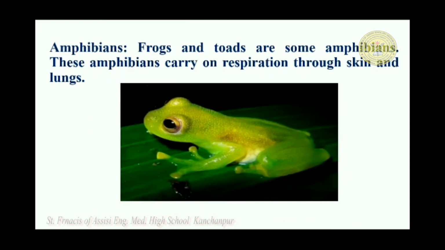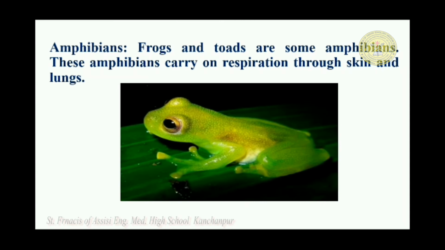Now next is amphibians. These amphibians are semi-aquatic animals, as I already discussed in the beginning, meaning they live on land as well as in water. Examples are frogs and toads. These amphibians carry on respiration through skin and lungs.